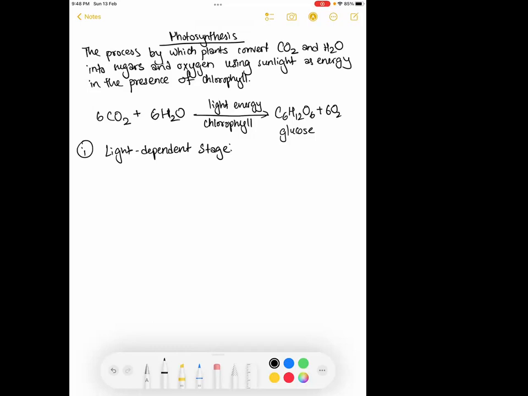So what is being done in this stage? Light energy is absorbed by chlorophyll, and this energy is used to split water into hydrogen and oxygen atoms in a process called photolysis. This is number one.